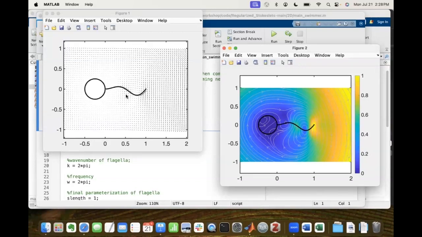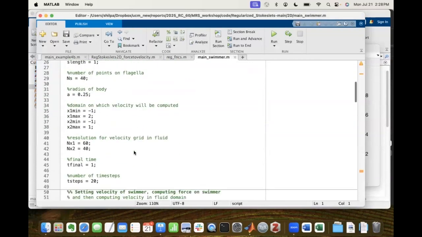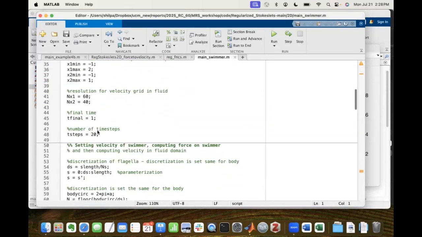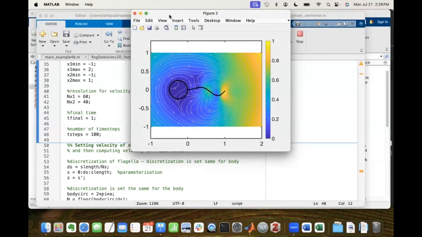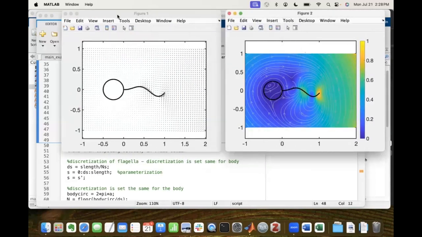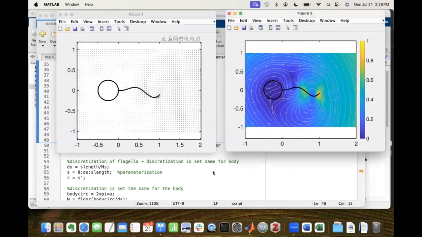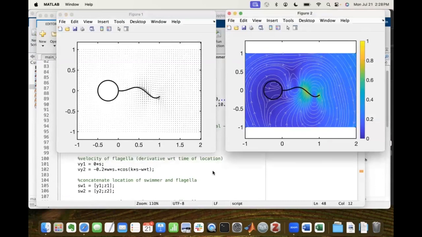Let me play this again, or I can play it longer. We can do it for like 100 time steps. I need to look at what I'm plotting here.